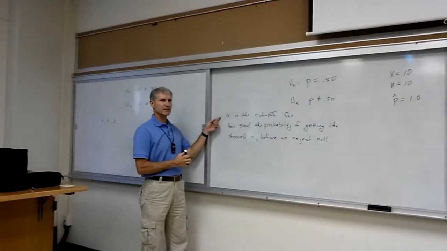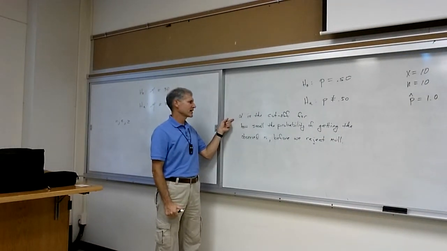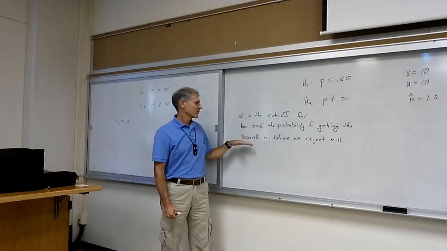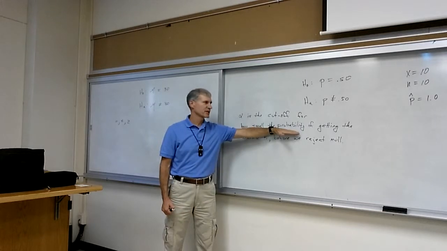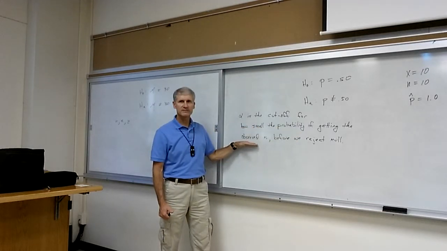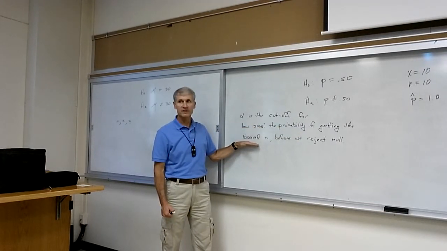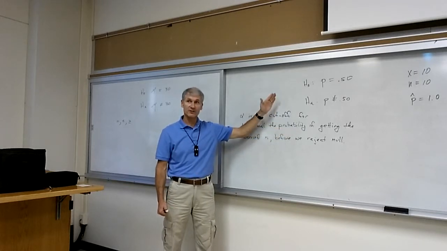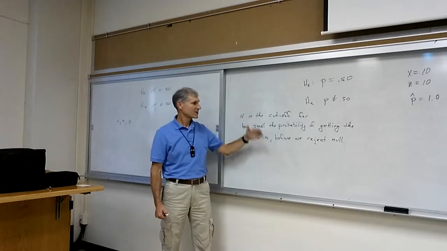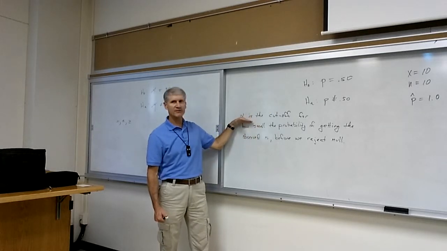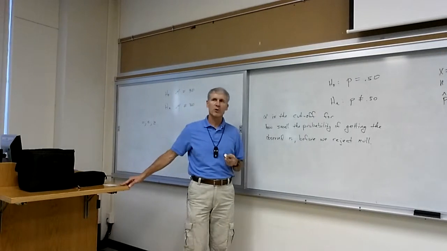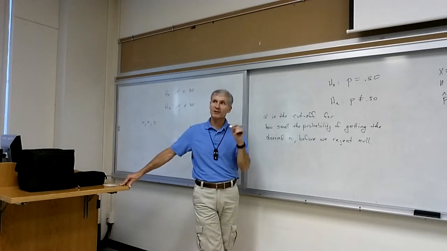So alpha, the significance level, is the cutoff that we use for how small the probability is when we compute the probability of getting the observed data, given the null is true. And if that probability turns out to be really small, then we're going to reject the null. Well, how small? Well, below alpha. And almost always alpha is set at 0.05 or 0.01 to go along with 95% confidence and 99% confidence.